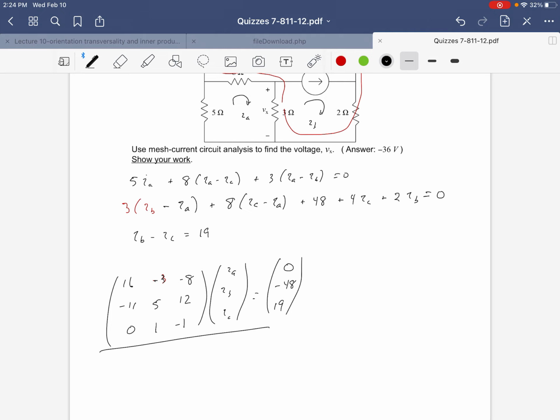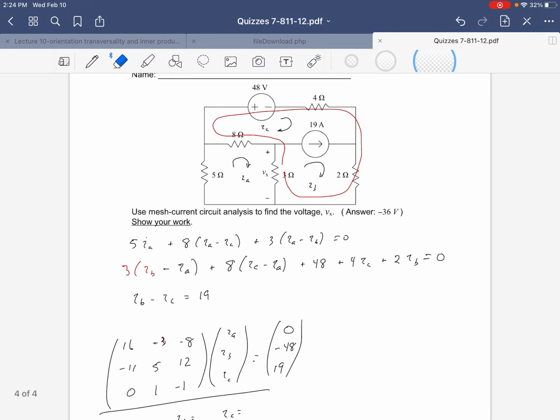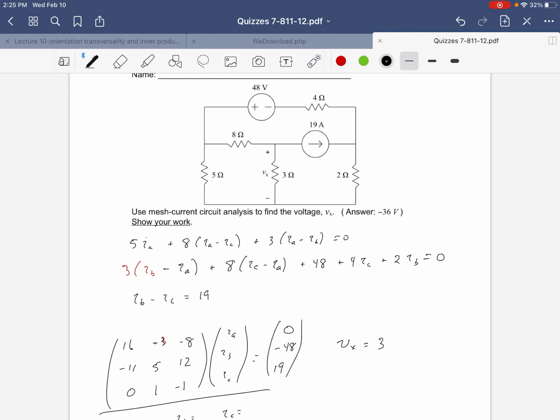All right, so we plug this into our favorite matrix solver, and we get IA equals something, IB equals something, and then IC equals something. And then the answer that we were trying to find back here is Vx.